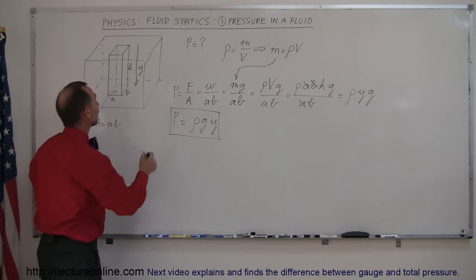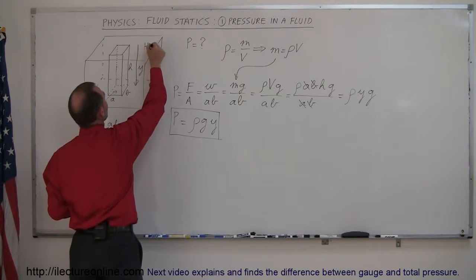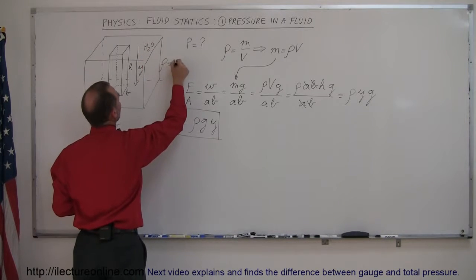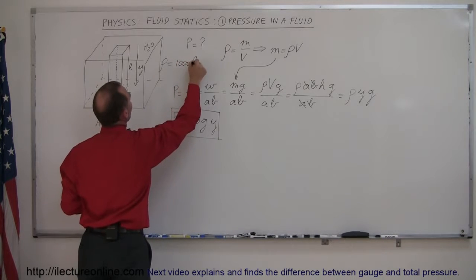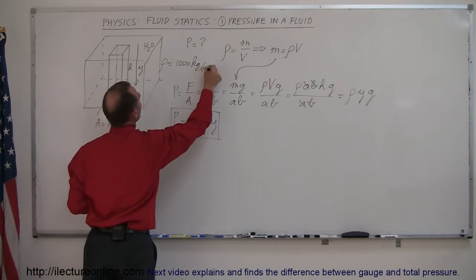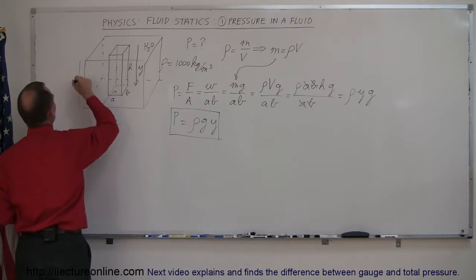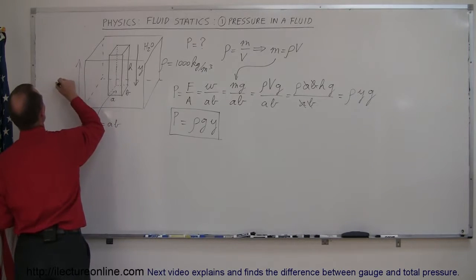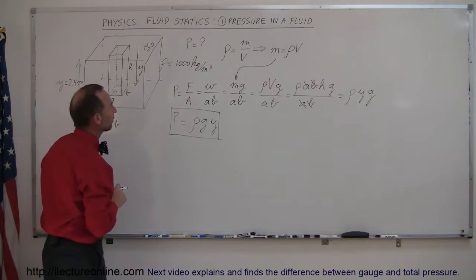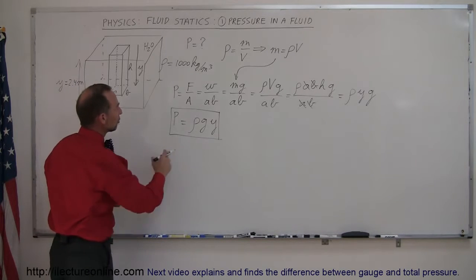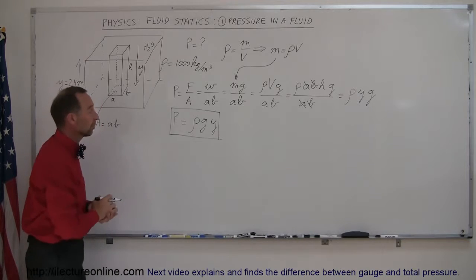Now, as an example, let's say that this is water, and therefore the density is equal to 1,000 kilograms per cubic meter. Let's say that the pool has a depth of 2.4 meters. That means that y is equal to 2.4 meters. And G, we know what G is. That's 9.8 meters per second squared.